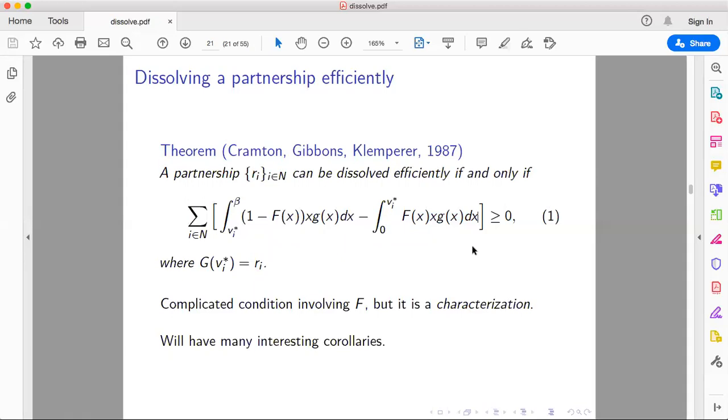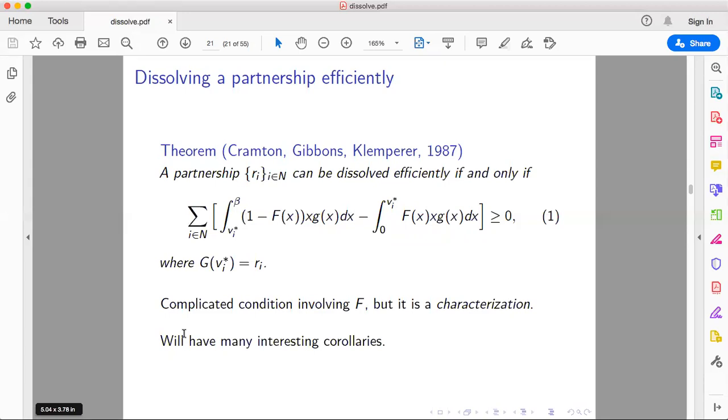And I'll show you why this condition is necessary and why it is sufficient. Okay, we'll see that. So one thing to note is that it's a complicated condition involving F, G, and Ri's and so on, but it's a characterization. If you feed it to a computer program, you can basically ask about any share vector and see if it satisfies that inequality.